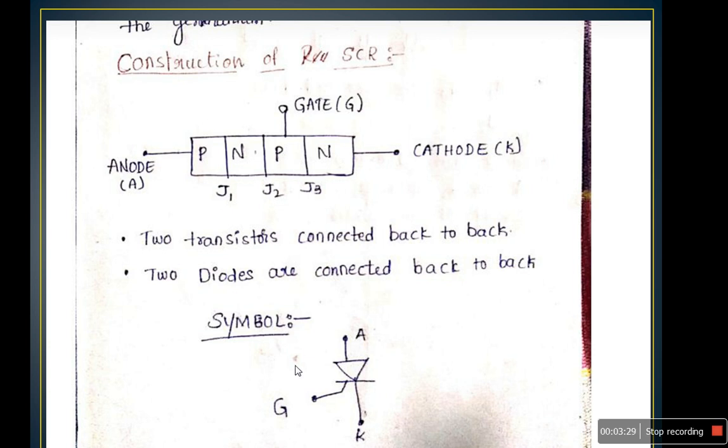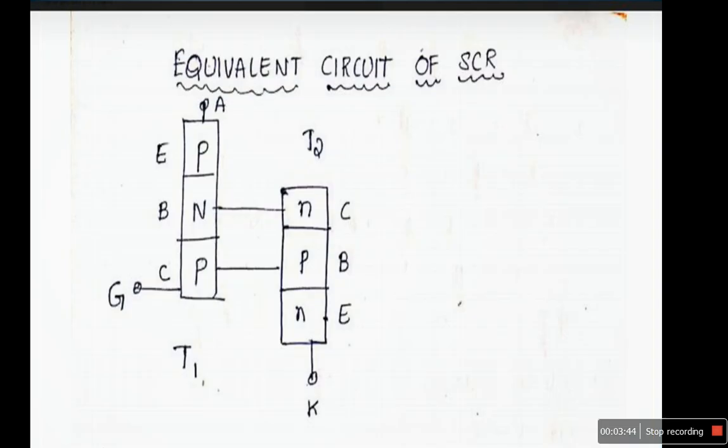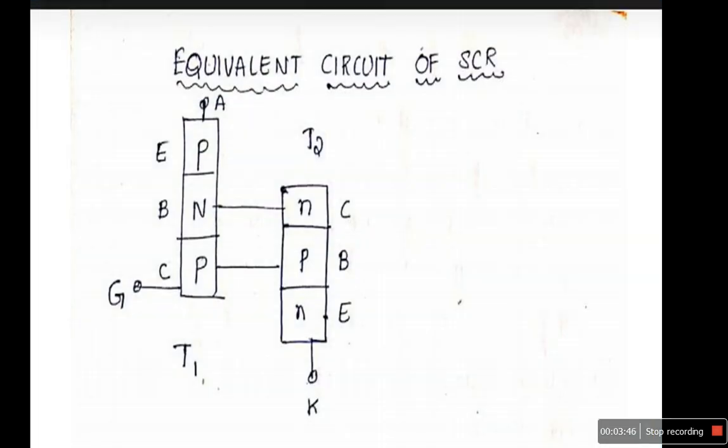So this is the symbol of SCR. The symbol is just like our diode except it has another terminal, that is gate. This is the equivalent circuit of SCR. You have the 4 layers PN and PN, so 2 transistors are connected back to back.